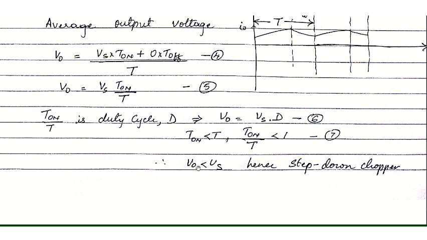So obviously, the output voltage will be less than the input voltage. Hence, this circuit is called a step-down chopper.